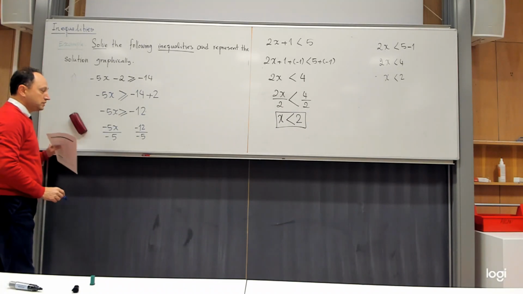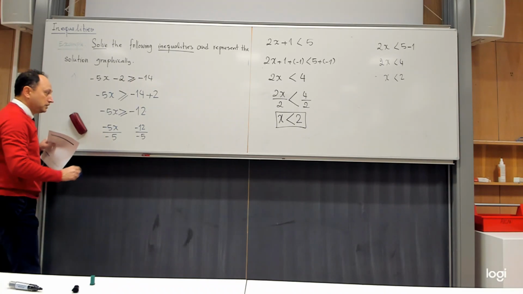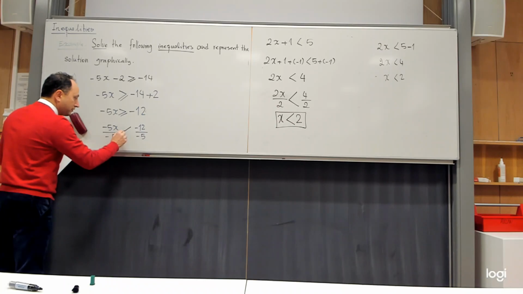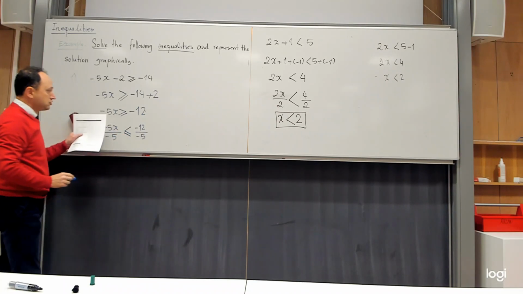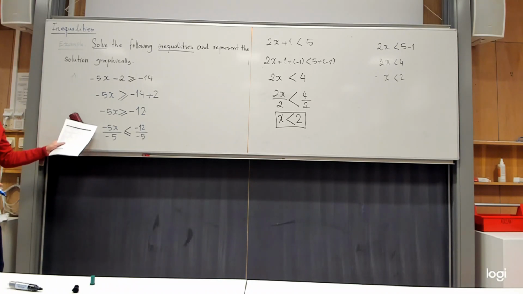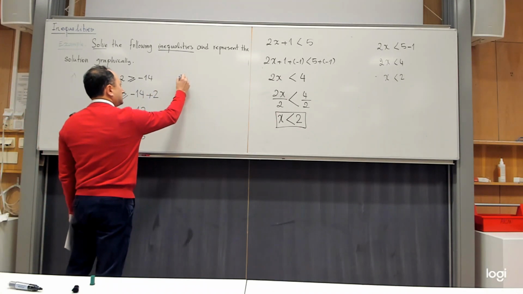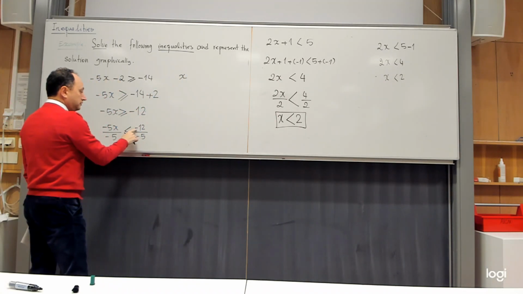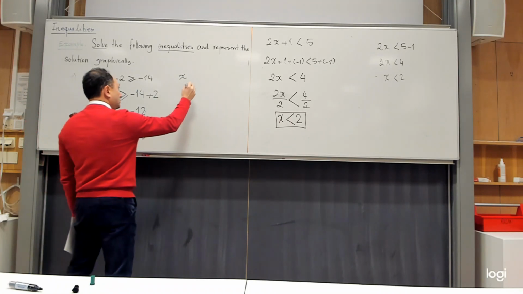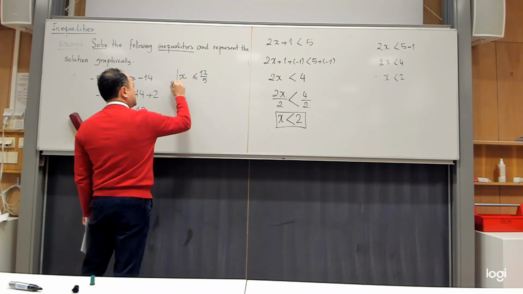But what I have to be careful about, because I am dividing by a negative number, this is the only thing that you have to be very careful. You have to flip the sign. Yes? Is that understandable? And then simplify. Minus 5 and minus 5 are cancelled, so this is x. And then minus 12 minus, this is cancelled, so it is 12 over 5. And this is less than or equal to.